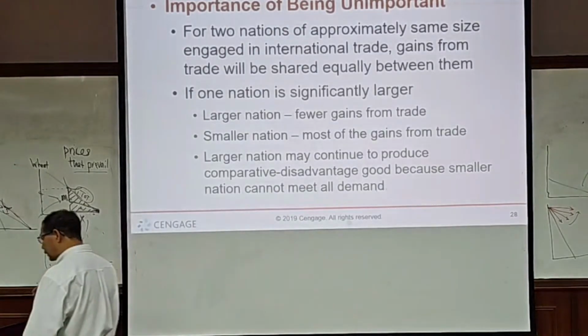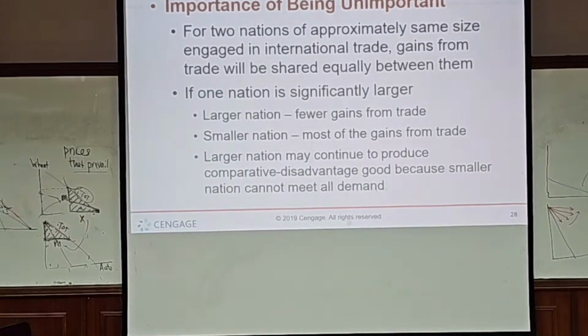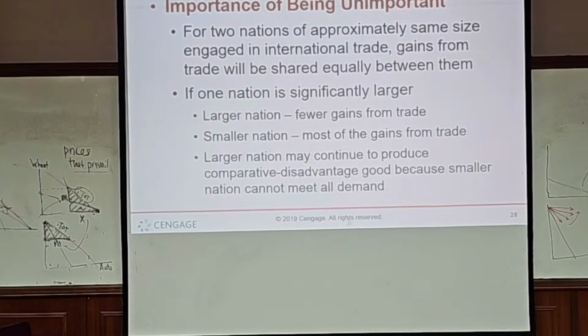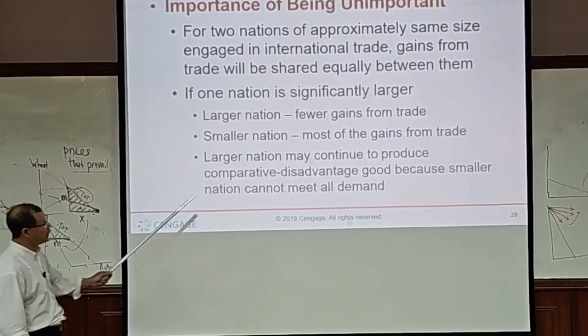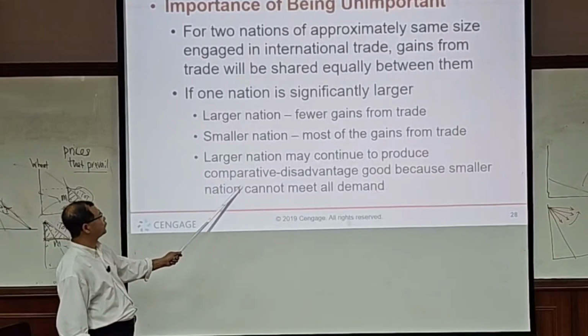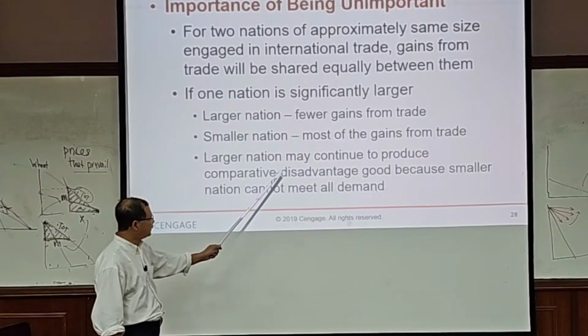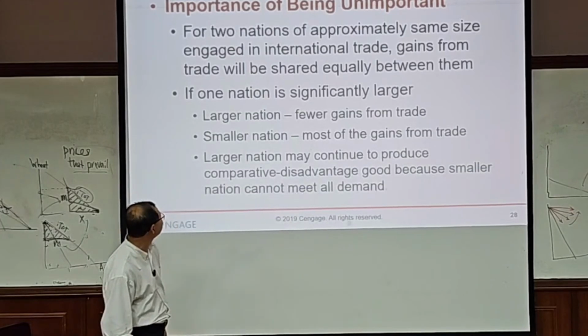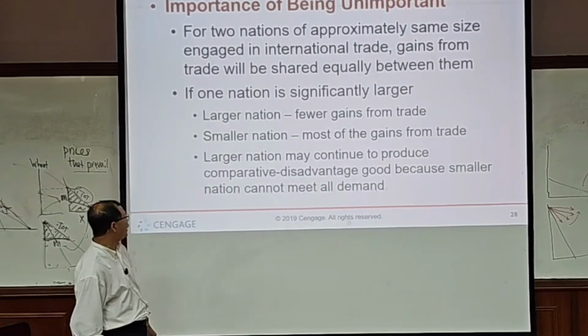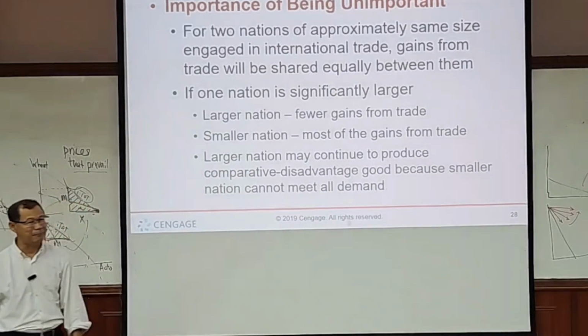The larger nation may continue to produce comparatively disadvantaged goods because the smaller nation cannot meet all the demand.